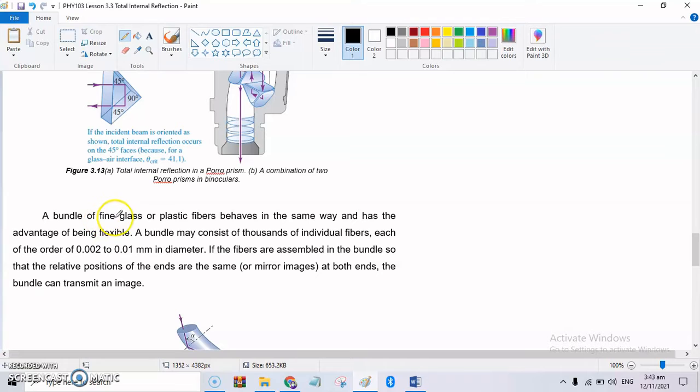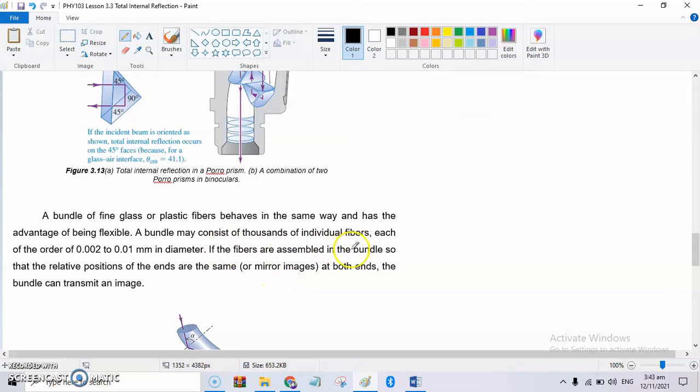Now, a bundle of fine glass or plastic fibers behaves in the same way and has the advantage of being flexible. A bundle may consist of thousands of individual fibers, each of the order 0.002 to 0.001 in diameter.